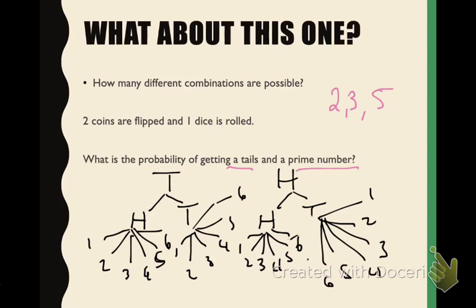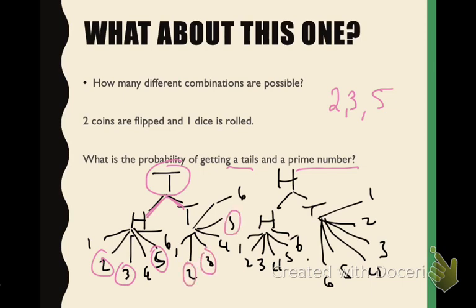Next, I'm going to look where I have at least 1 tail, and a 2, 3, or 5. This is my first option. There's tails, so I can go this way and this way: 2, 3, 5. Also, tails and tails works because it's still a tails: 2, 3, 5.